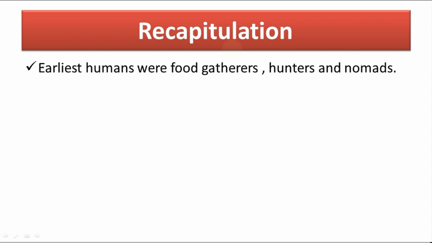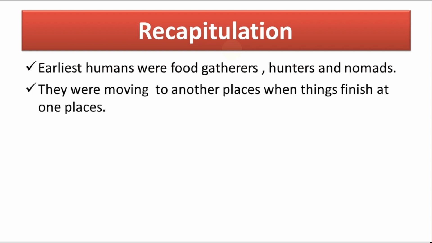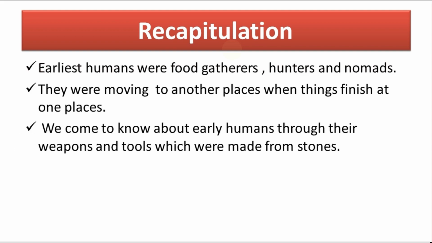Dear students, this is all about today's class. Now let's recapitulate whatever we have studied in this class. First, we studied that the earliest humans were food gatherers, hunters, and nomads. They were moving to other places when things finished at one place.